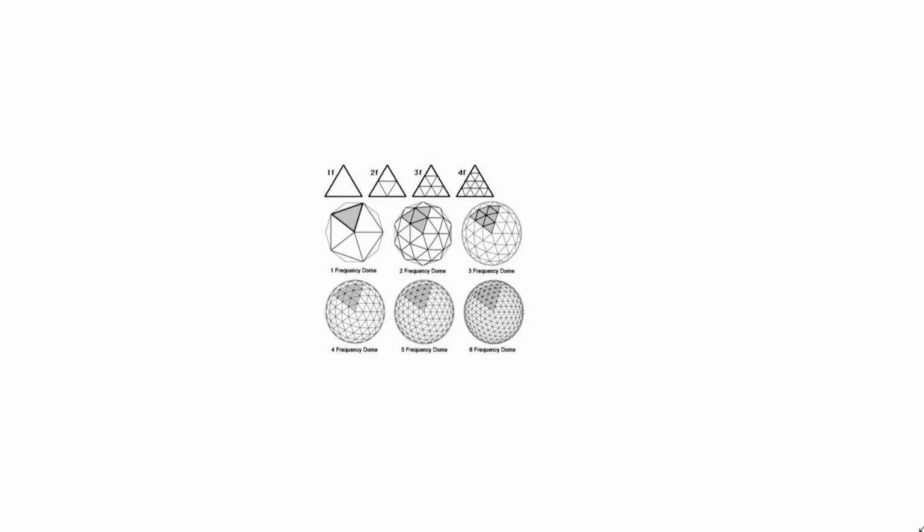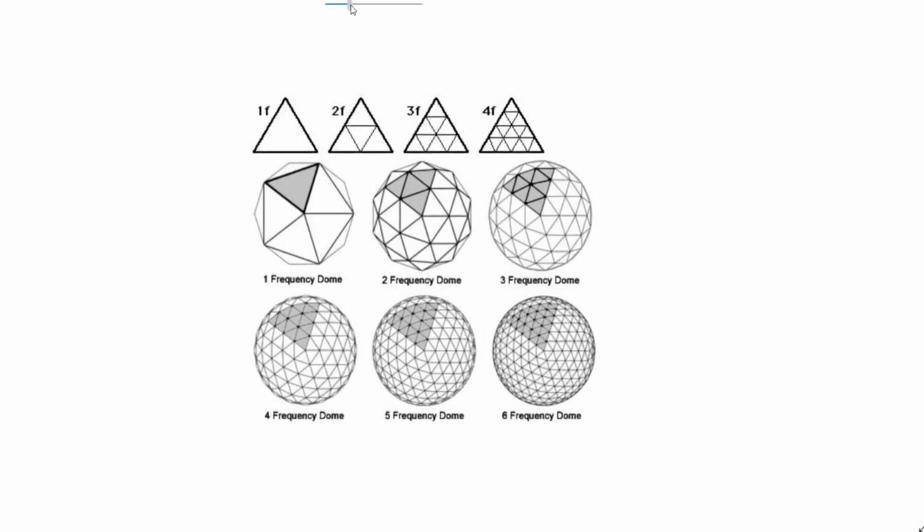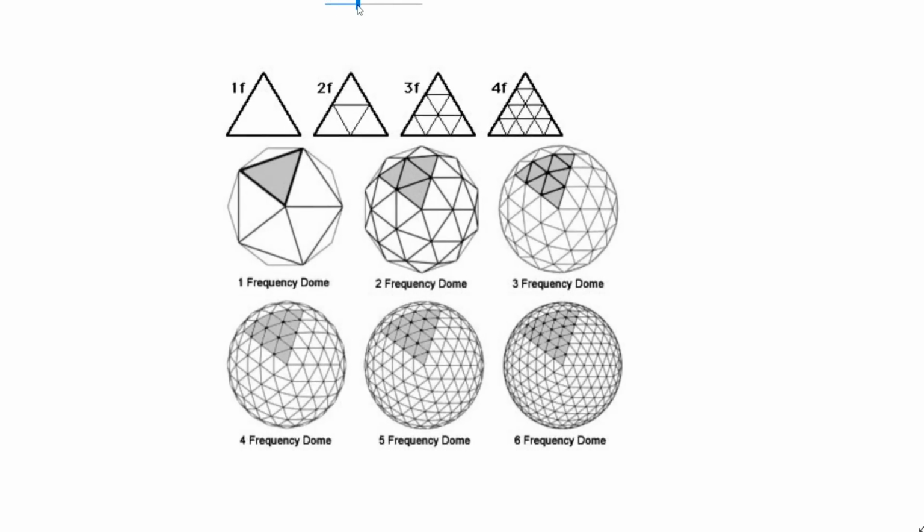So this, just to finish off on this one and really drive home that point, is that when you use triangles to create a three-dimensional shape, you have here this one triangle used as a side, and then you get what's called a one-frequency dome.